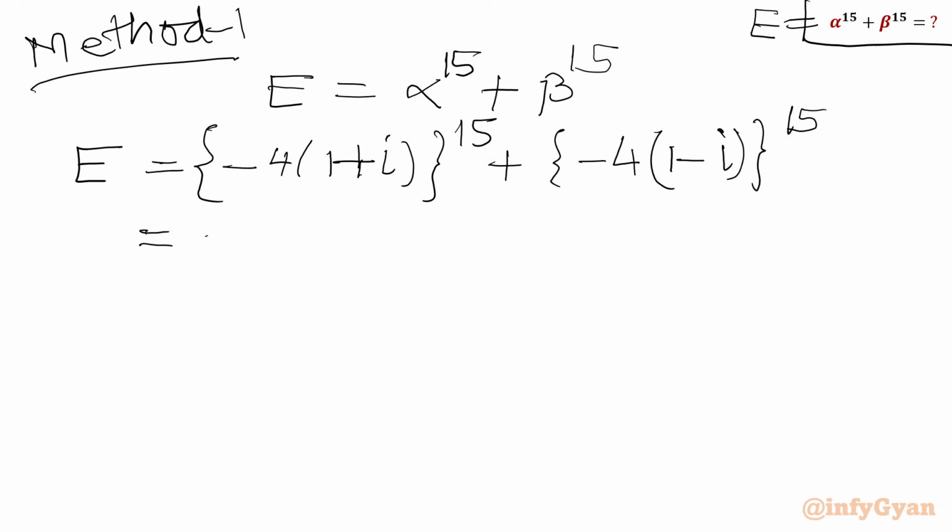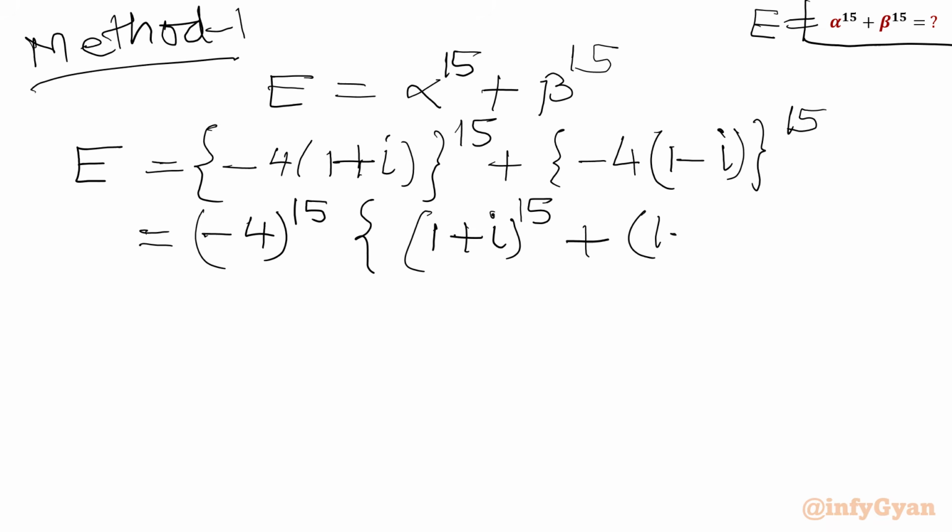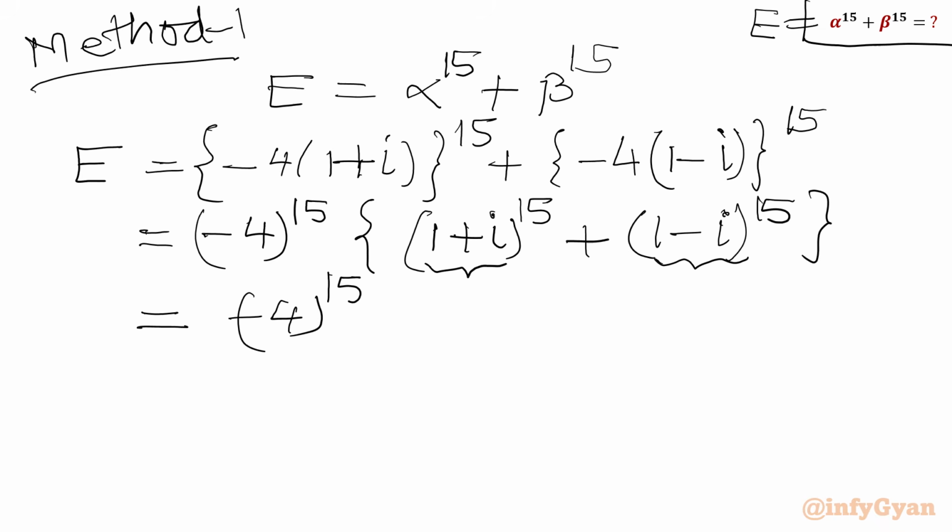So I can write here minus 4 power 15 overall common. In the bracket I can write 1 plus i whole power 15 plus 1 minus i whole power 15. Now we can represent this complex number in polar form. I will write here minus 4 whole power 15, and then this is root 2 whole power 15, so we have to divide by root 2 whole power 15.